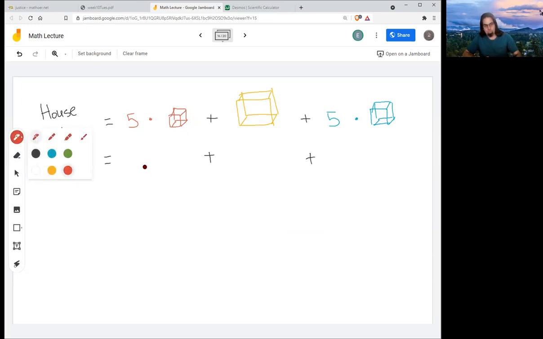Each room is length times width times height. Okay, questions before I start plugging things in?